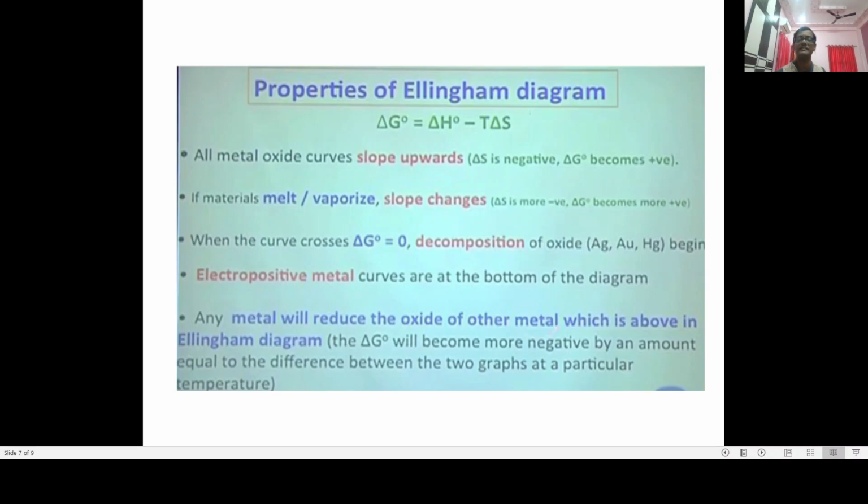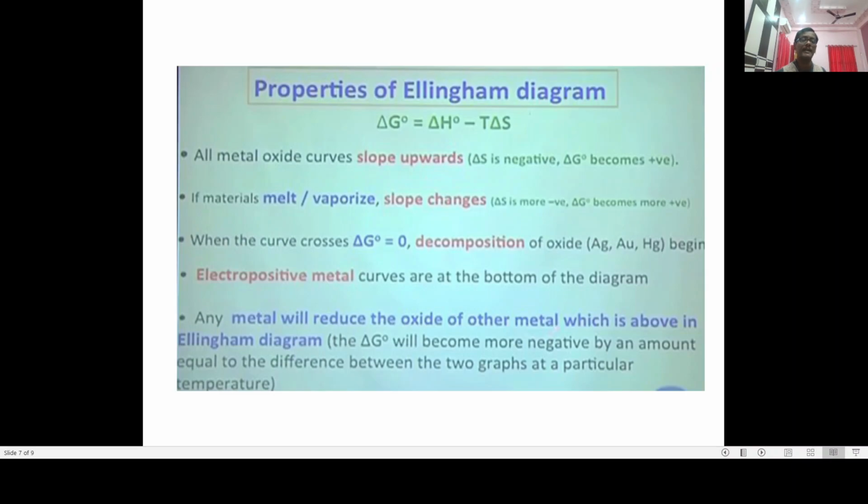If materials melt or vaporize, the slope changes, as delta S becomes more positive. When the curve crosses the delta G zero line, decomposition of oxides like silver, gold and mercury oxides begins.